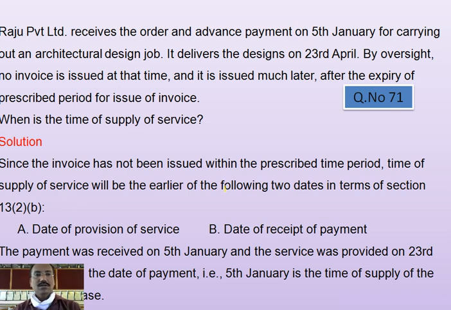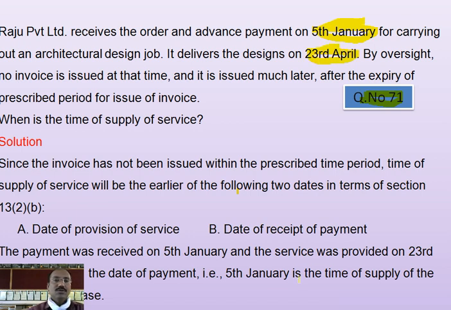Next question. I think this is question number 71. Raju Limited receives the order and the advance payment is made on 5th January. So the payment is made on 5th January. Carrying out the architectural design job, it delivers the designs on 23rd April.